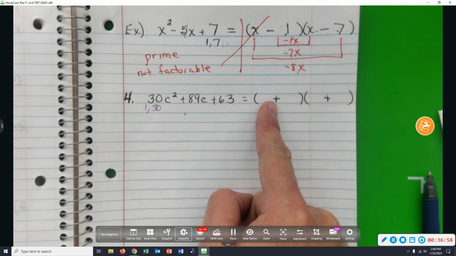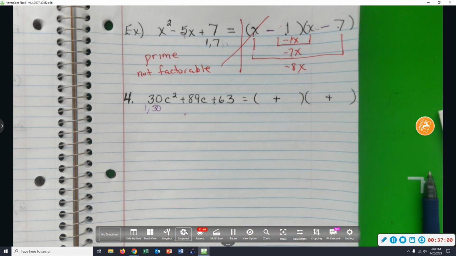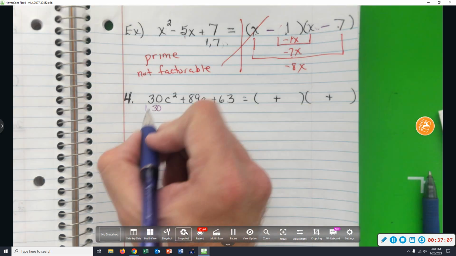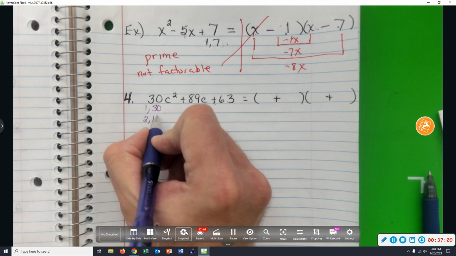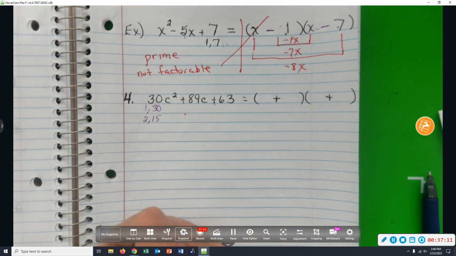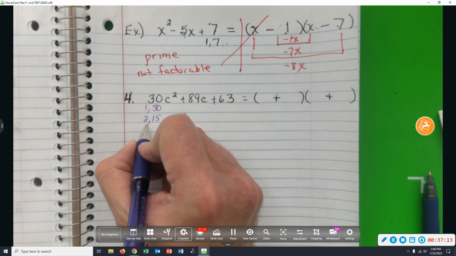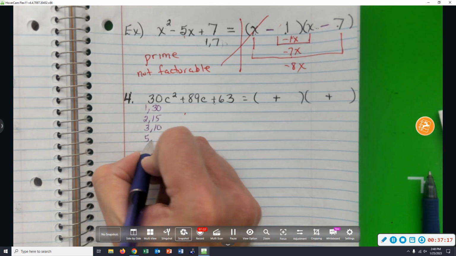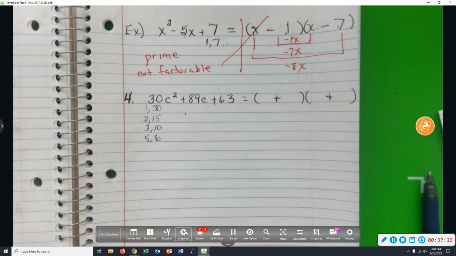Okay, so I'll put the plus and plus in. Now I need numbers that multiply together to give 30. There's 1 and 30. What about 2 and 15? Is there another pair? Okay, well, I'm going to write 3 and 10 and then do the 6 and 5. So there's a lot of pairs of numbers. Only one of those is the correct pair.